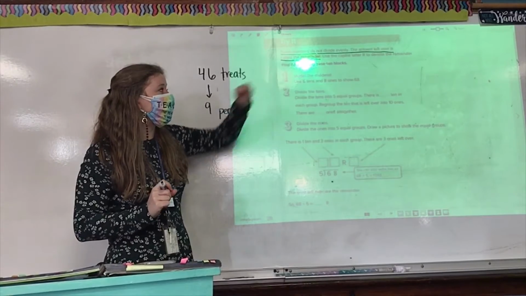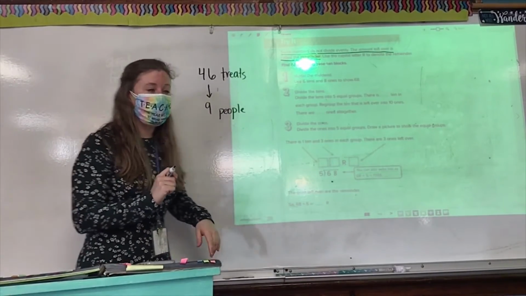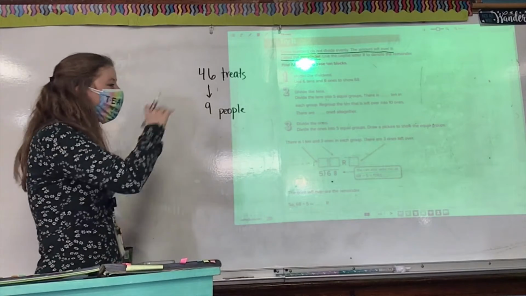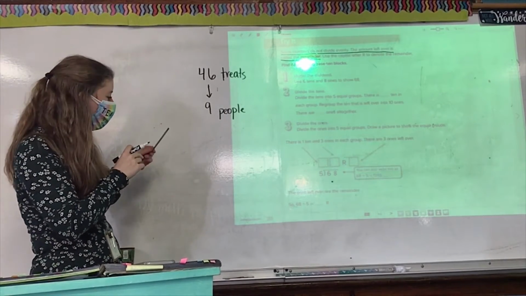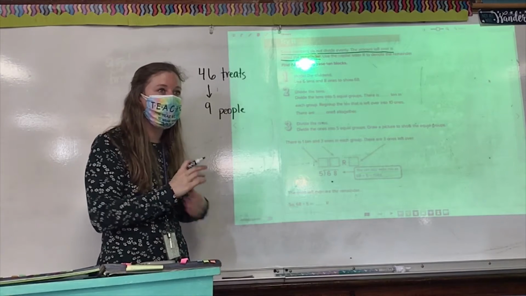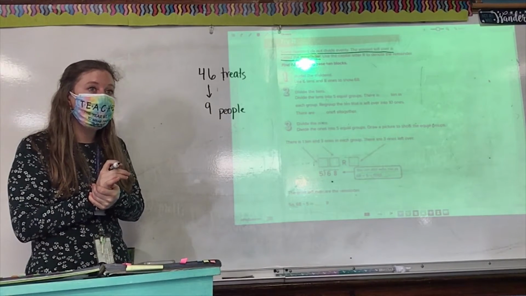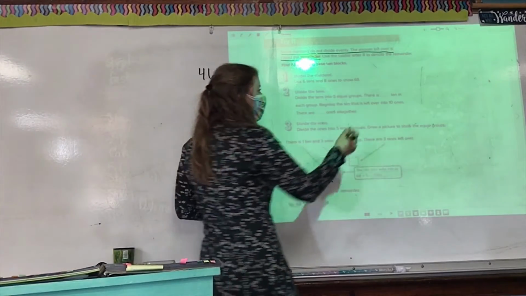We're finding 68 divided by 5 using base 10 blocks. So step 1 is model the dividend without looking at the book. How do we model our dividend 68? Mason, how do we model it with base 10 blocks? 6 tens and 8 ones. 6 ten rods.